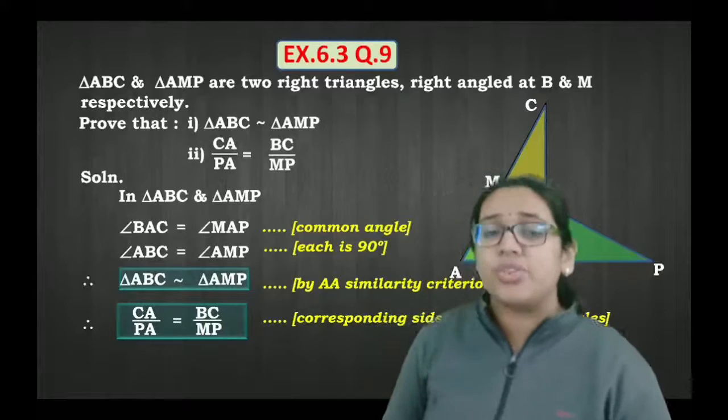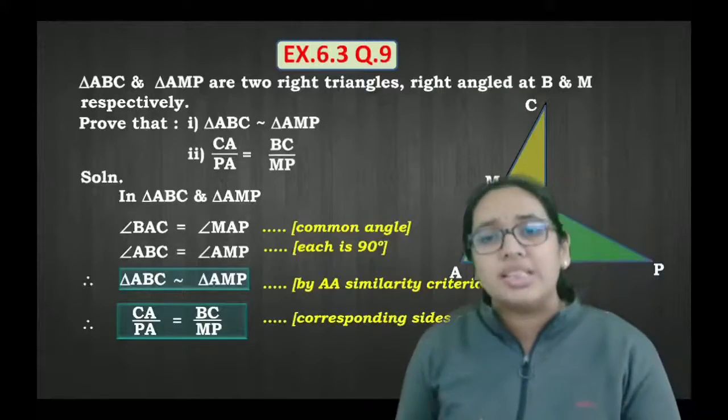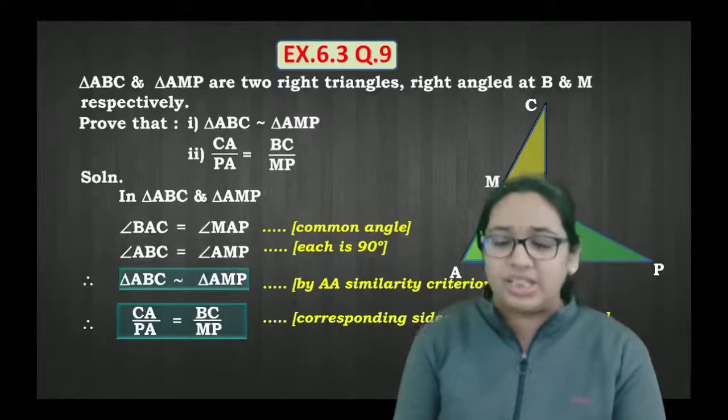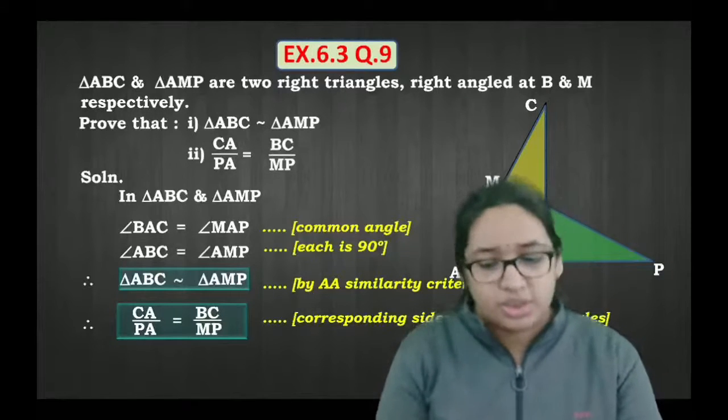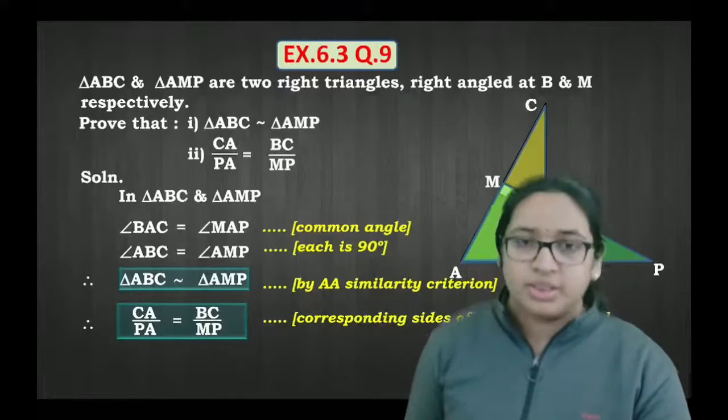So if two triangles are similar, then we know that corresponding sides of similar triangles are in proportion. Okay, clear with this? Good. Now move on to the next question.